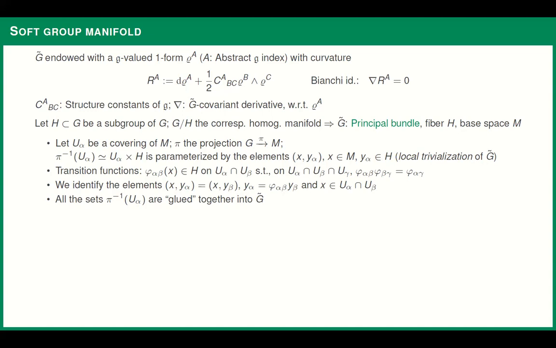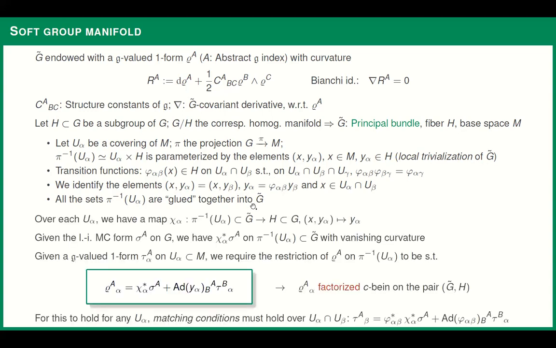And after that, essentially all of these aspects are actually to arrive at a Cartan connection. After having defined the structure, over each covering we have this map projecting, mapping from elements of G tilde, the soft group manifold, to the Cartan bundle to H, given the left invariant Maurer-Cartan forms on G, which fulfill the Maurer-Cartan equations.